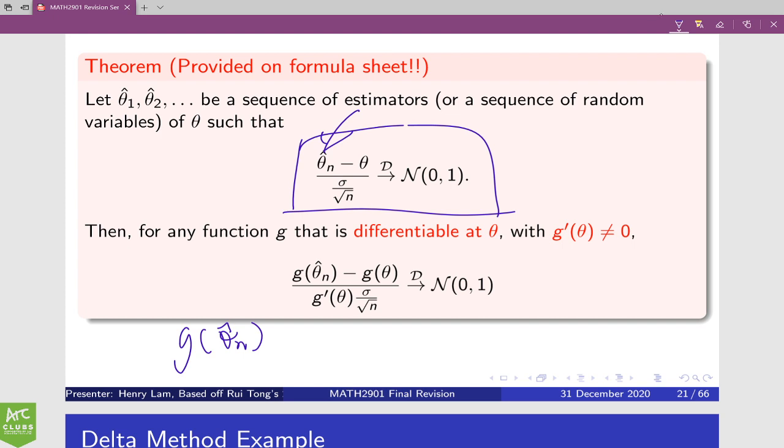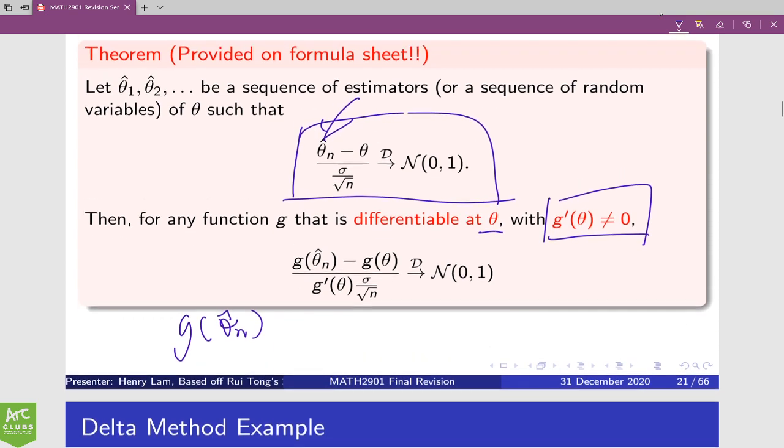You minus g(theta) and divide by g'(theta). The most important thing to note is that g must be differentiable at theta with non-zero derivative. You have to make sure this is true because you might lose a mark if you don't state this somewhere.